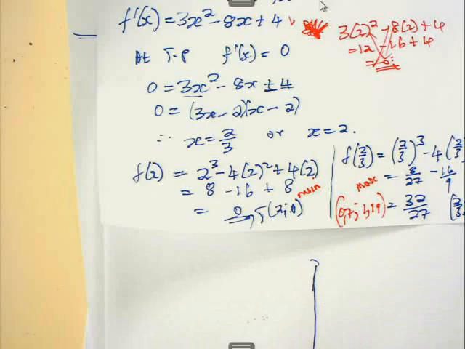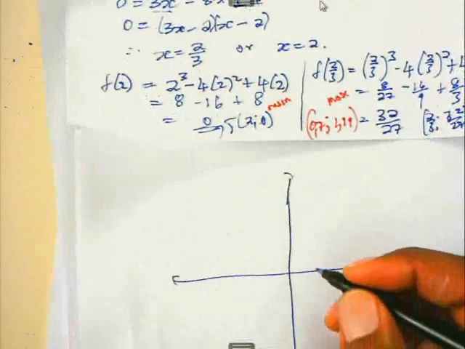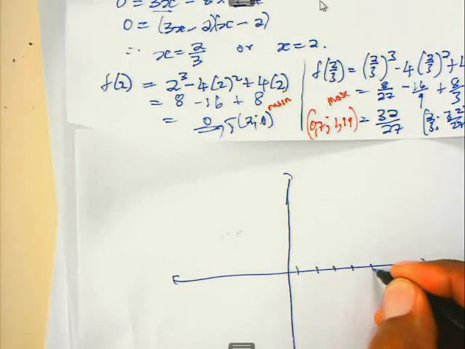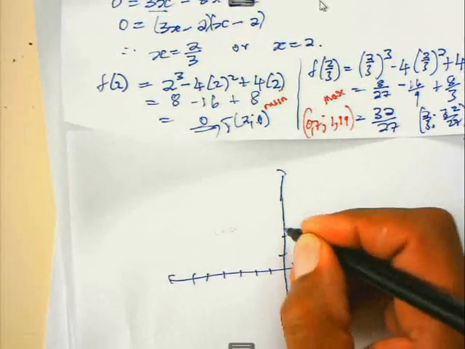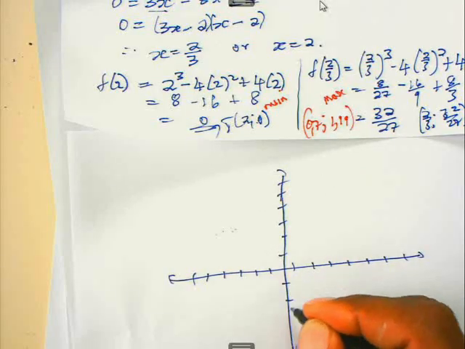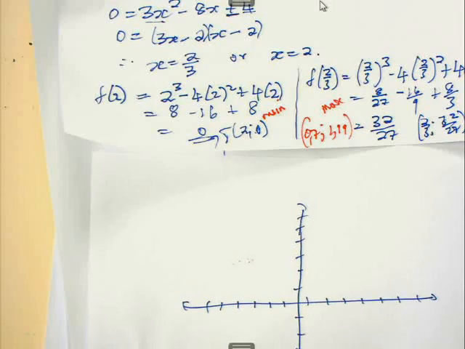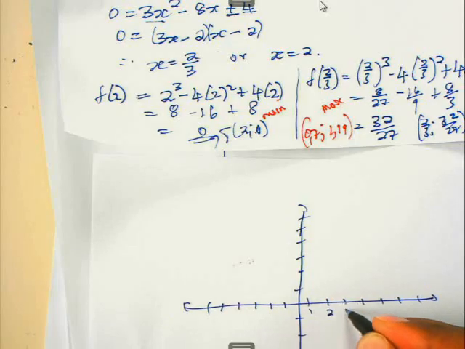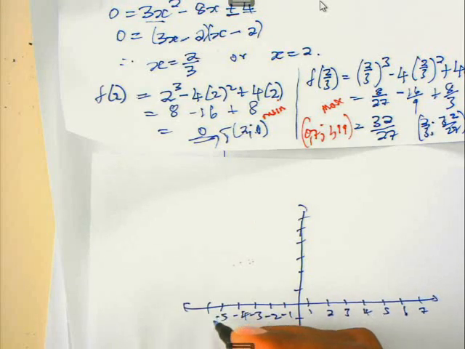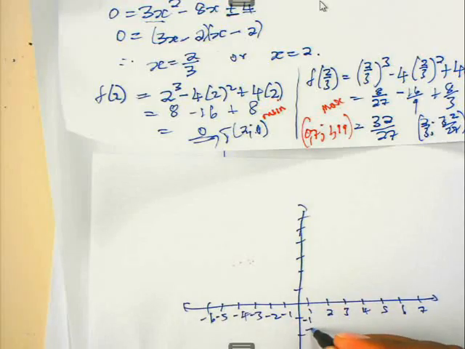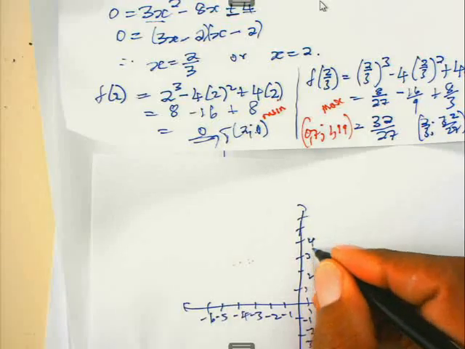We will have the y-axis as well as the x-axis, right? And then we number the axes: 1, 2, 3, 4, 5, 6, 7 going up, and minus 1, minus 2, minus 3, minus 4, minus 5, minus 6 going down, and the same along the x-axis.